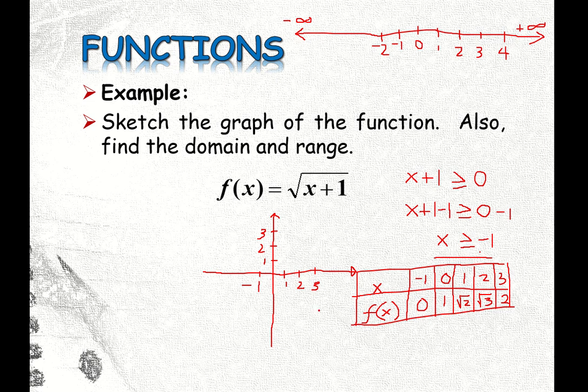When x equals negative 1, our f of x is 0, so we have a point here. Then x equals 0, f of x is equal to 1, so we have it here. When x equals 1, we have the square root of 2. What is the square root of 2? It is 1 point something. So when x equals 1, the square root of 2 is approximately somewhere here.